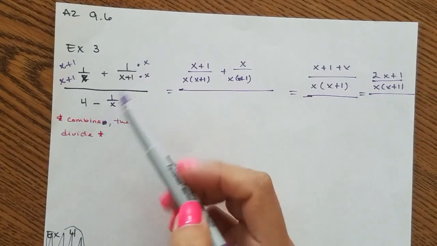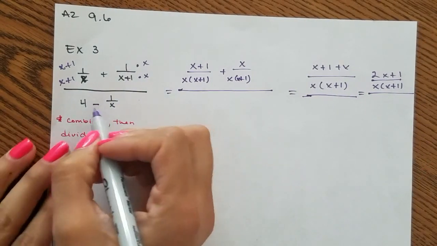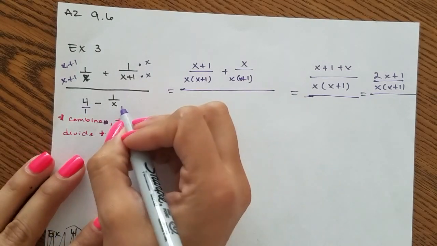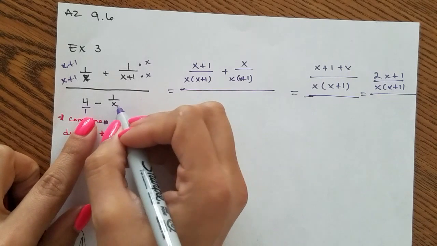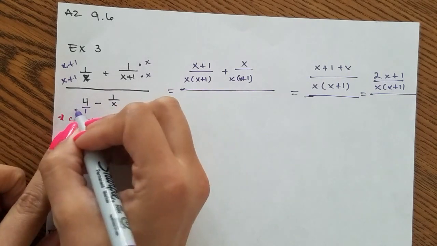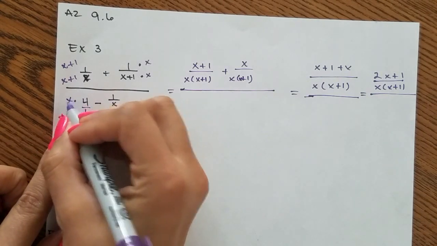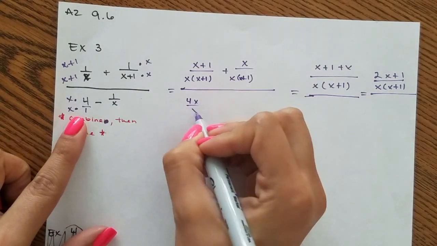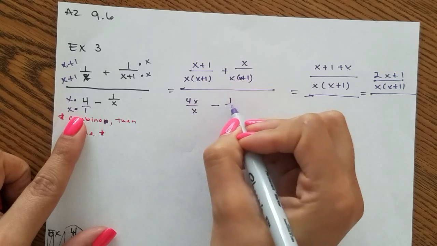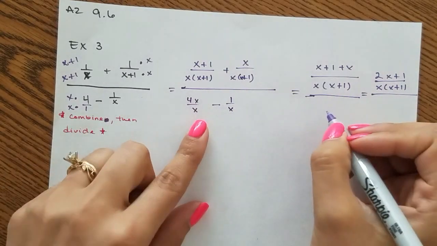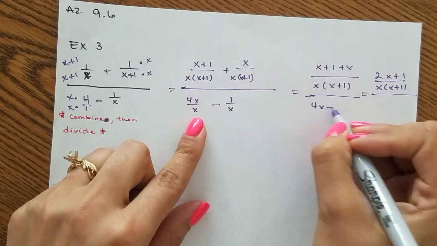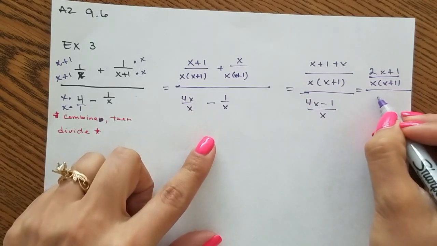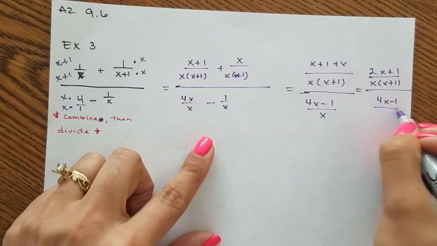So now we have to do this denominator. This is actually going to be 4 over 1. This isn't missing anything, but this is missing an x here. What you do to the bottom, you do to the top. So I have 4x over x minus 1 over x, which is 4x minus 1 over x. Nothing's going to combine there, so I'm just going to carry that over.